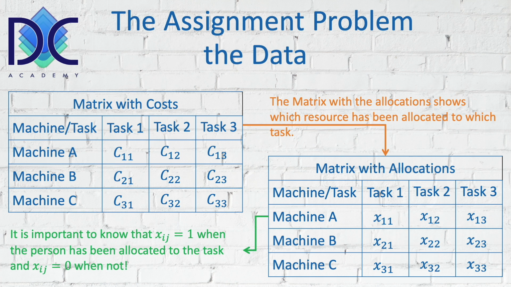Now, based on what we said before, Xij is 1 when the resource has been allocated to the task, and it is equal to 0 when there is no allocation. So basically, when I look at the columns and the rows, the sum of them can never exceed 1.